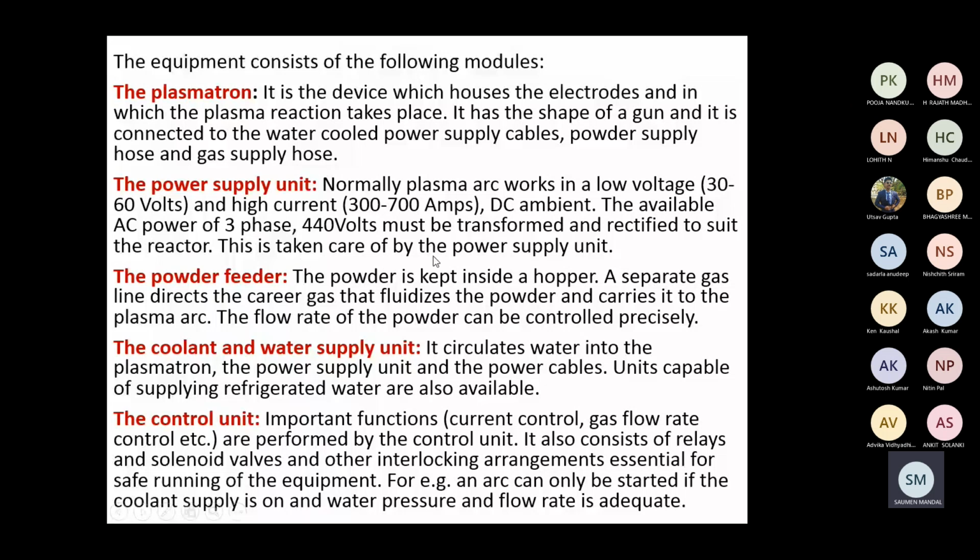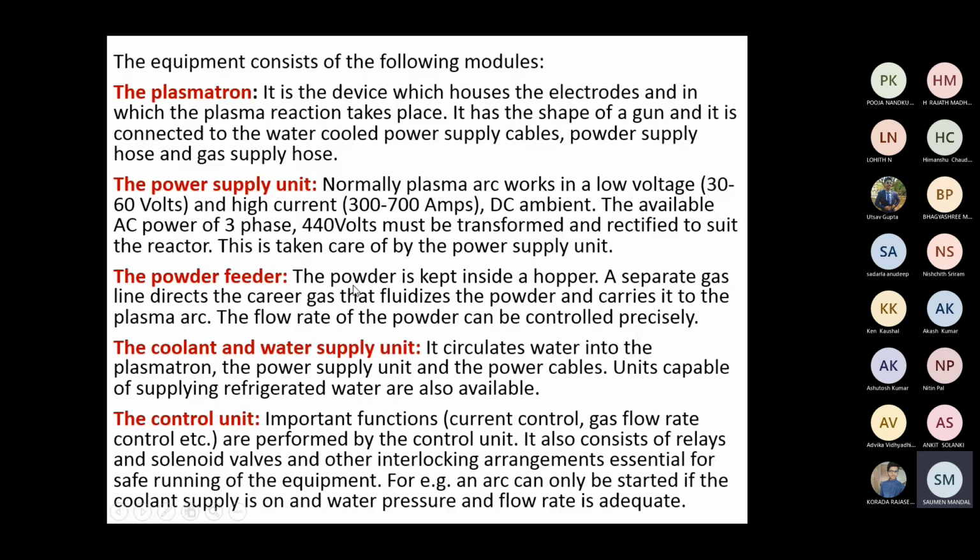This is taken care of by the power supply unit. I need a continuous DC supply with the particular voltage and current requirement, so you should have a strong power supply unit.